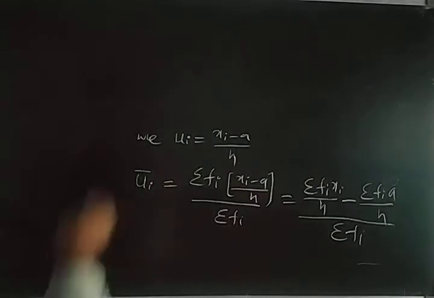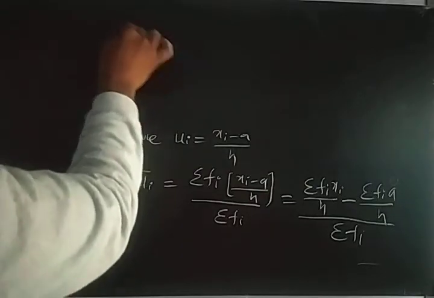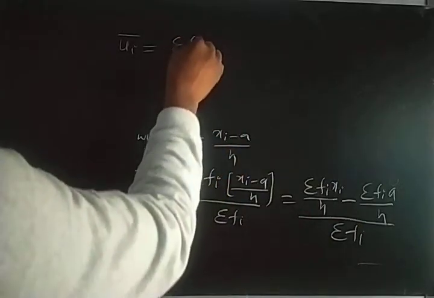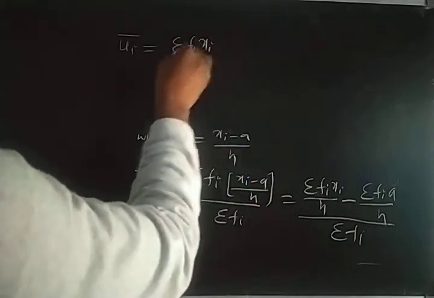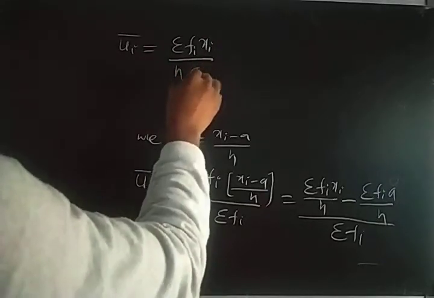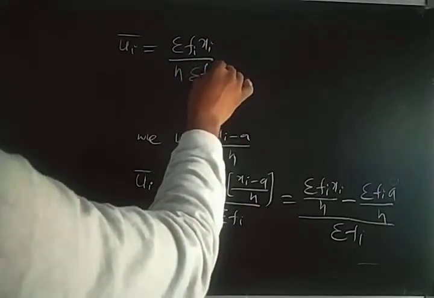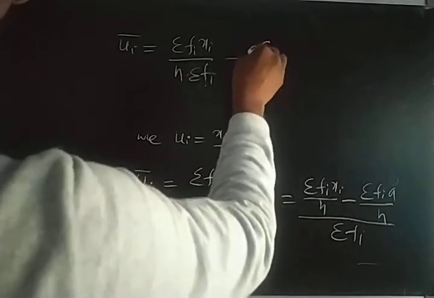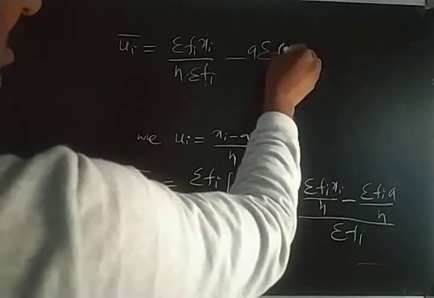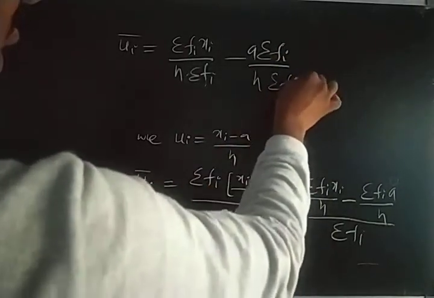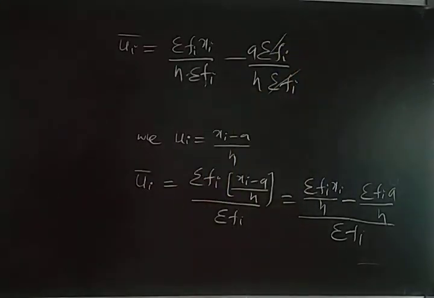Now ui bar is equal to, by separating the denominator, summation fi into xi by h into summation fi, minus here summation, a I am taking common because it is constant, summation fi by h into summation fi. Summation fi cancels.